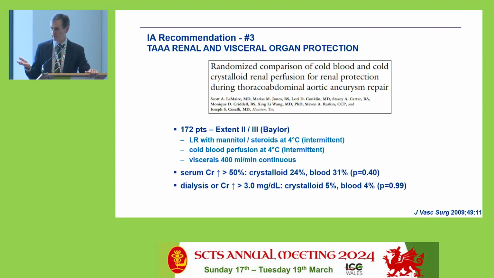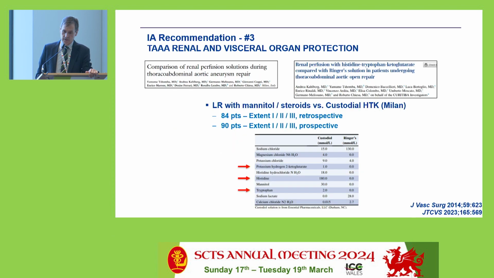So maybe they were under perfusing in the prior study. But again, using that soft criteria of increasing your creatinine by 50%, they did not find a significant difference. Also in dialysis or elevated creatinine, they didn't find a significant difference. So those two were probably about the same.